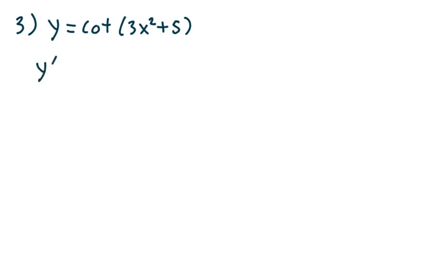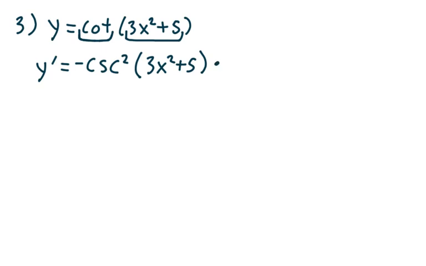And I want y prime. Well, this is again chain rule. The derivative of the outside function with respect to x is negative cosecant squared. So I'm going to write negative cosecant squared of 3x squared plus 5.